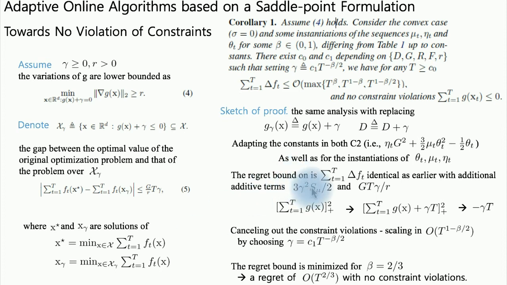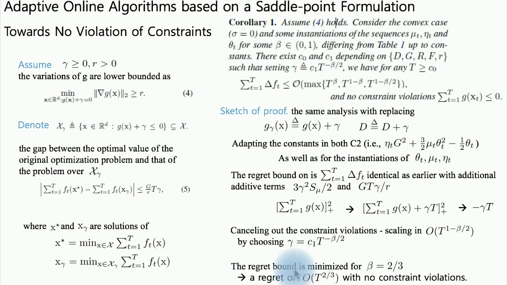As per summation of gx over t, this in turn leads to the same direct bounds as the previous state minus the contribution minus gamma t, and we cancel out the constraint violation scaling in order t to 1 minus beta over 2 by choosing gamma equals c1 t to minus beta over 2.